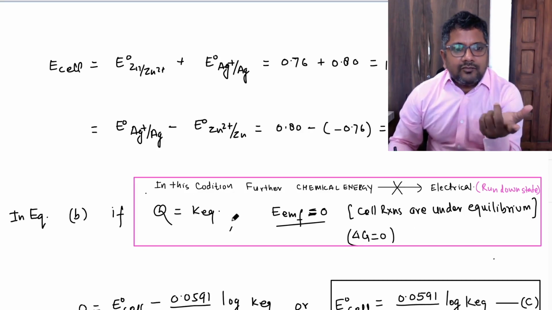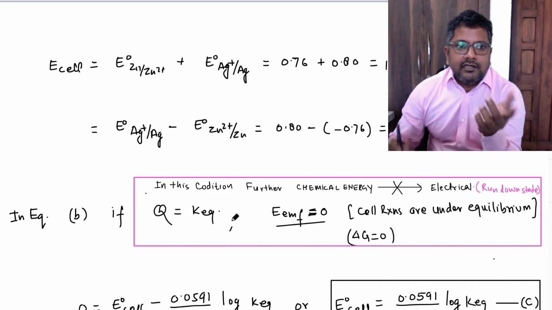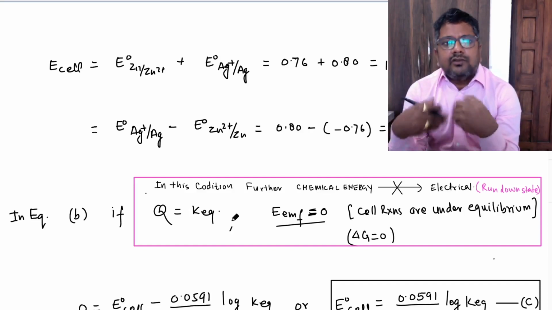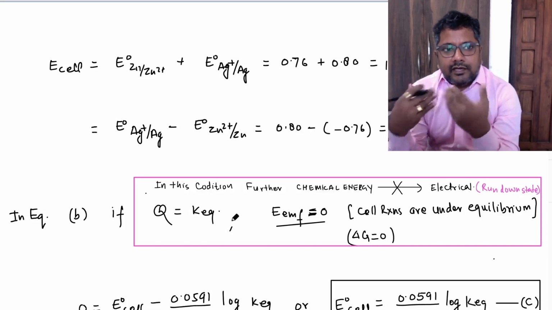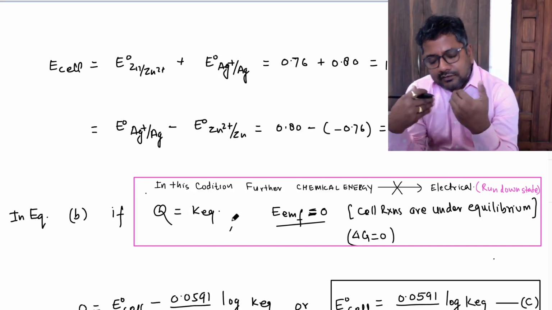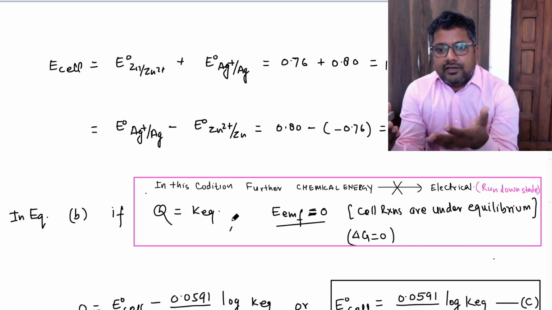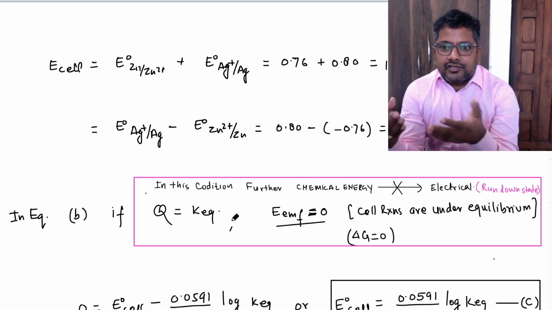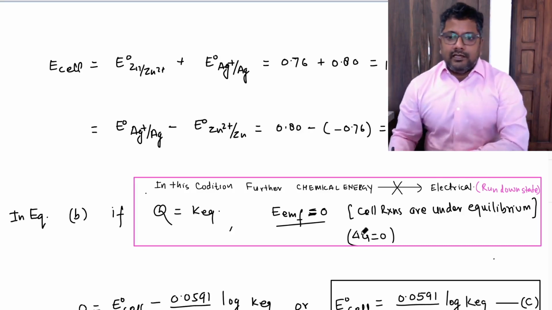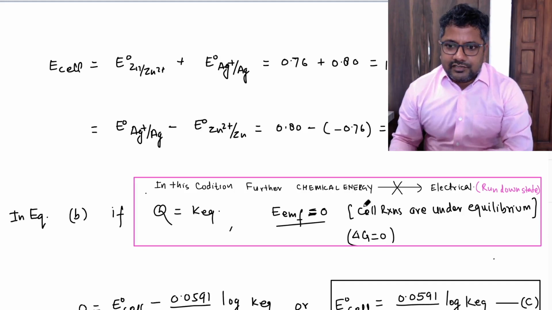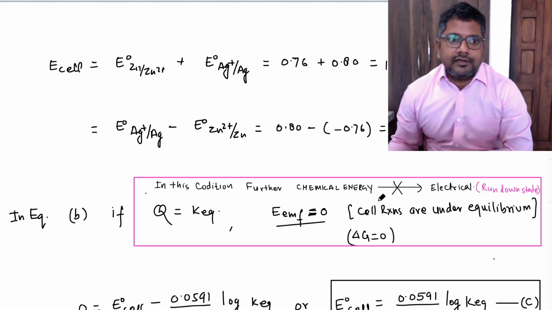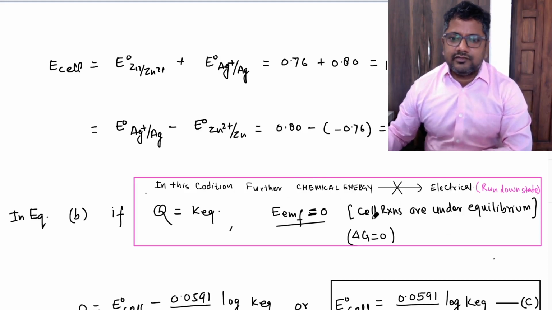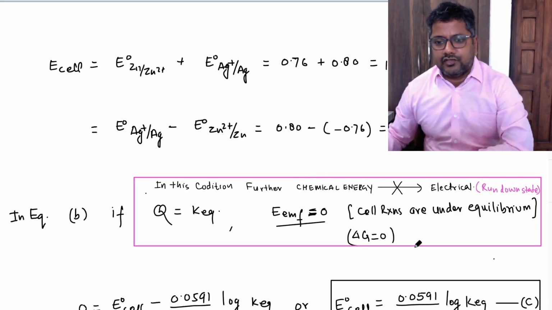Now you have to recharge your battery. When you are recharging, you are disturbing the equilibrium, and again the process will initiate. Okay, now further chemical energy will convert into electrical energy. So when a cell reaches this stage, further chemical energy cannot be converted into electrical energy, right? So all these things are related to each other. Okay.